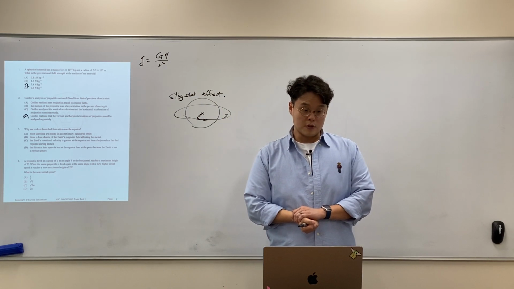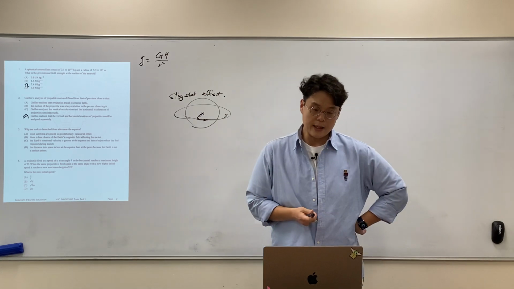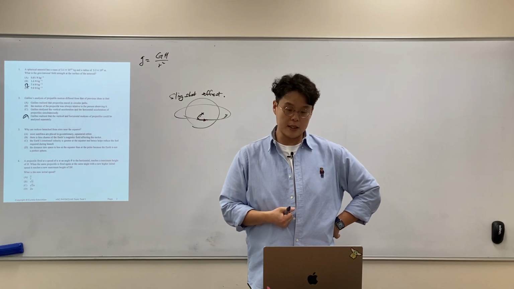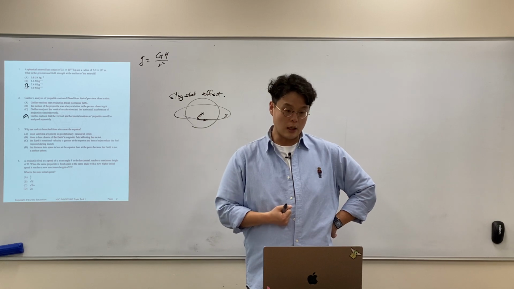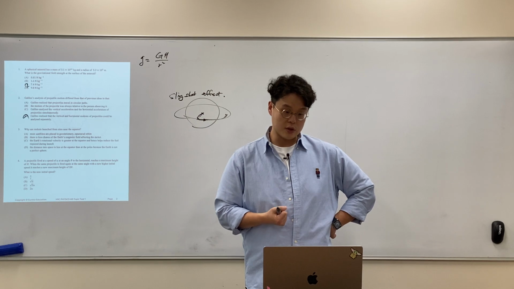Question 4. A projectile fired at a speed of u at an angle theta to the horizontal reaches a maximum height of h. When the same projectile is fired again at the same angle with a new higher initial speed, it reaches a new maximum height of 2h. What is the new initial speed?